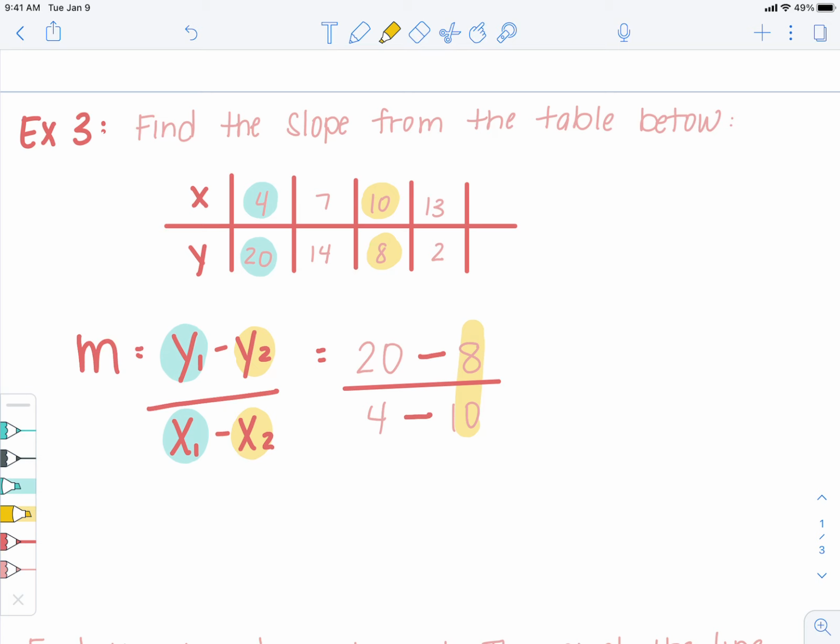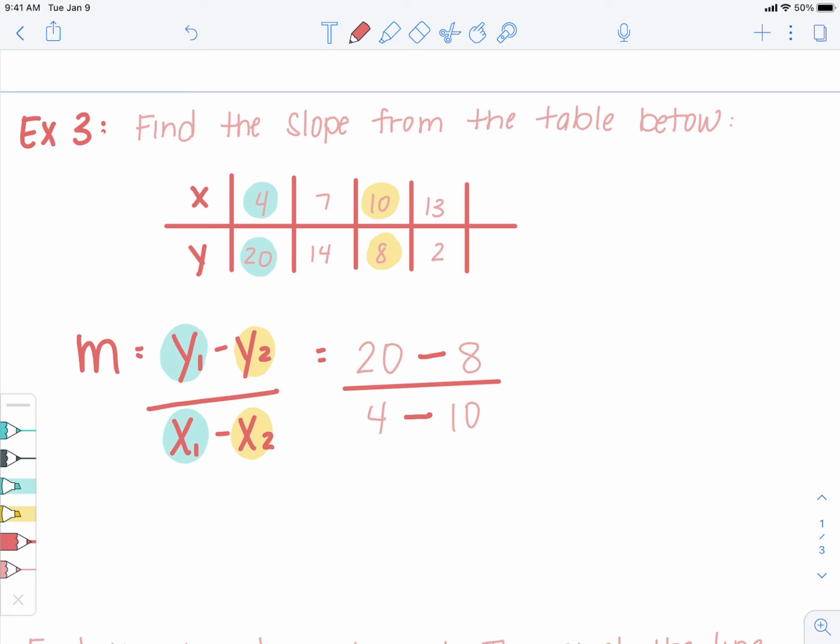Does that make sense? Okay. So you can switch them and still get the same answer because you can pick either of those points, but you just have to make sure that whichever y value you use, its x value is directly below it.